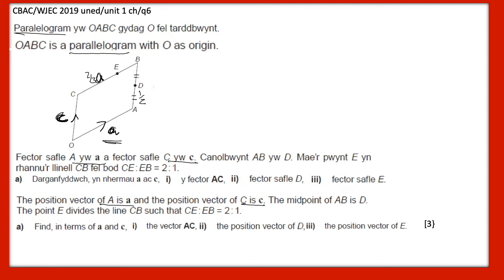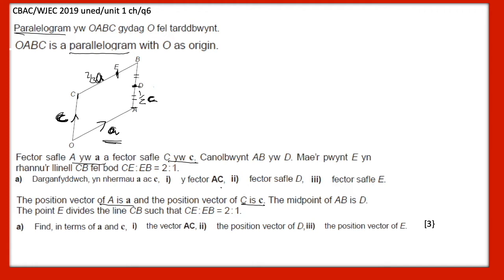Well, C to B is the same length as A, so therefore it would also be the vector A, and C to E is 2/3 of A, and the side AB is parallel to OC, so therefore AB is also the vector C, but A to D is a half of C. So what I've done is I've actually put a lot of my information onto my question.